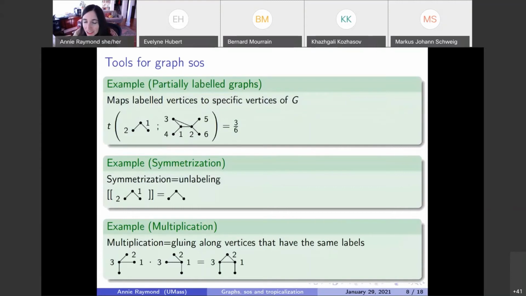A graph polynomial for you is a polynomial in the densities, T of H. Then you define the product of two graphs, so this should mean something in terms of the polynomial.